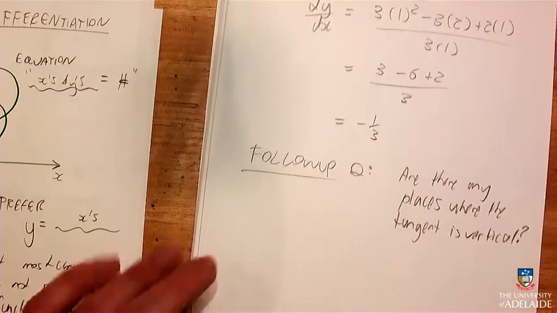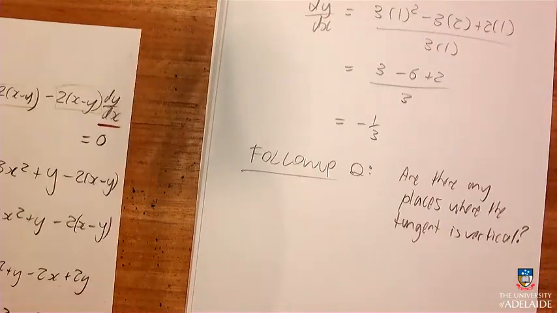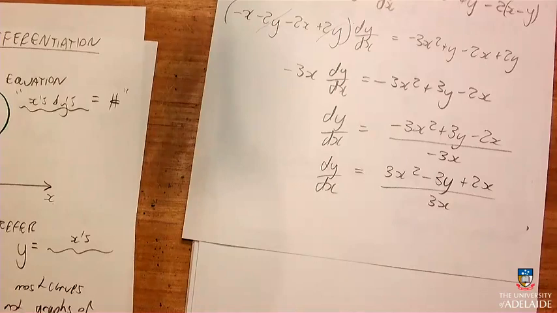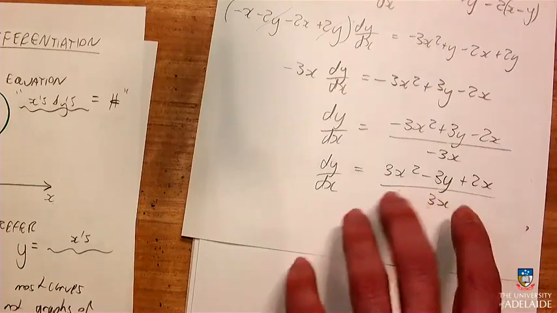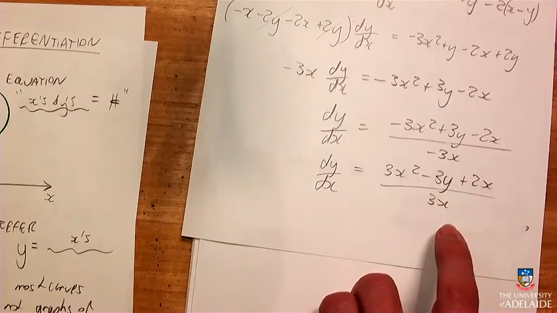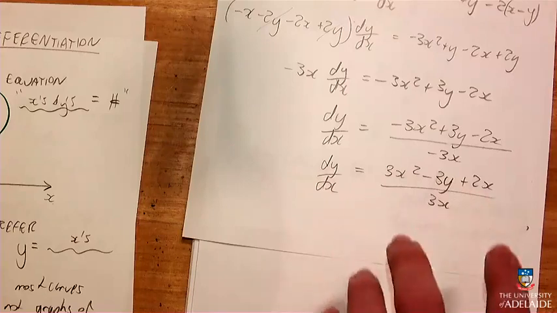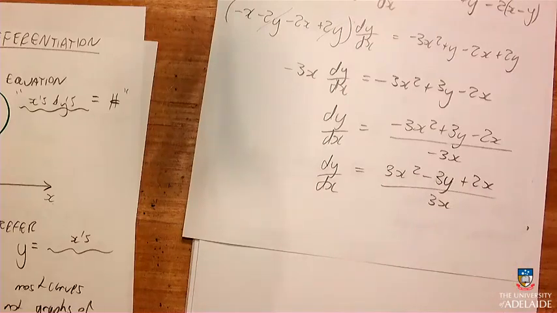The tangent will be vertical when this slope doesn't exist, because the only lines that don't have an actual slope are the vertical lines. And so I will not be able to calculate this if x is 0. Now, if both the top and the bottom are 0, it's a bit tricky to know what is going on at that spot. But if the bottom is 0, you definitely do not get a usual slope, so it won't be any line other than a vertical one if it exists at all.